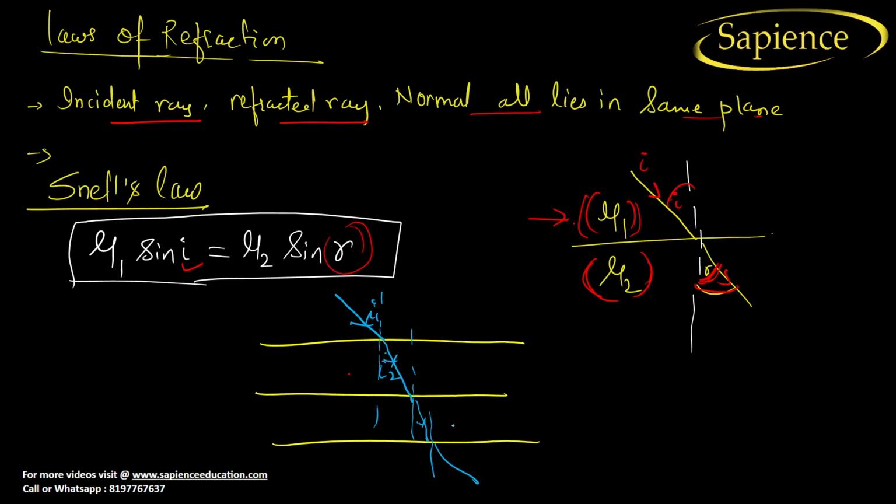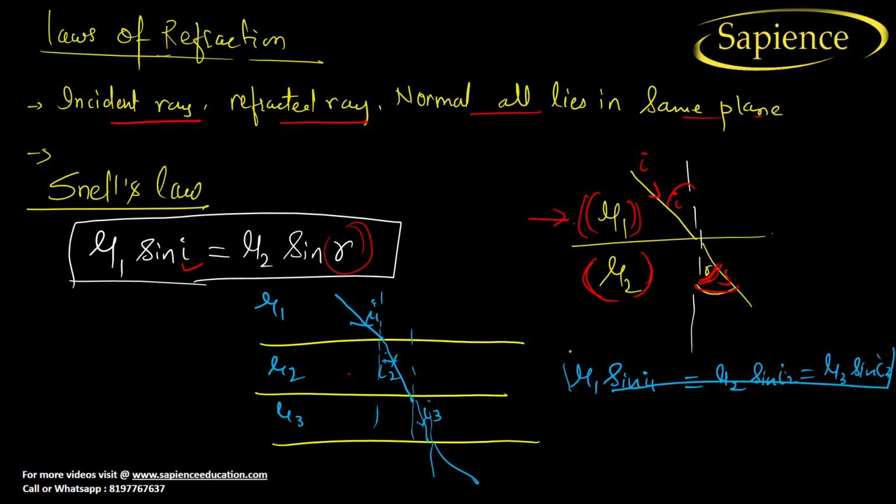This is your mu1, this is your mu2, and this is your mu3. So mu1 sine i1 is equal to mu2 sine i2, which is equal to mu3 sine i3. This is the relation here.